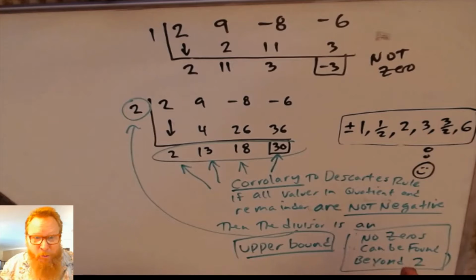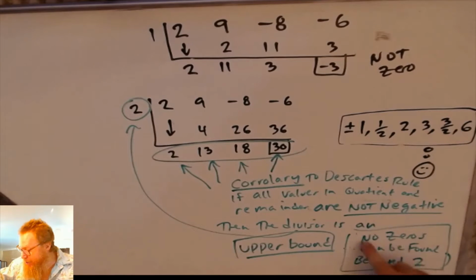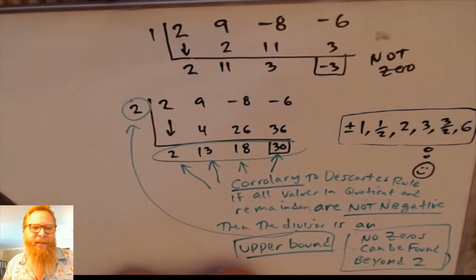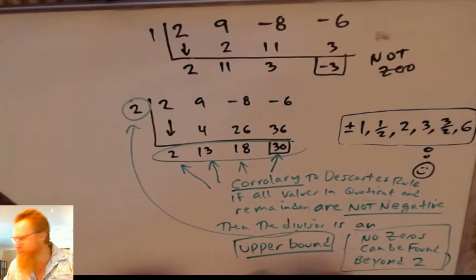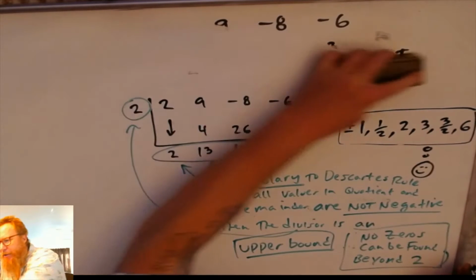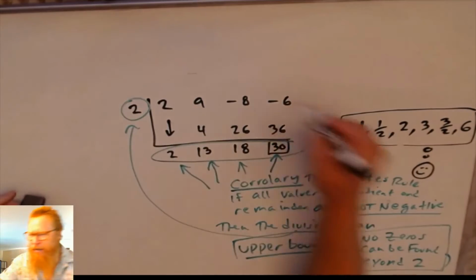So by Descartes' rule of signs, if there are no sign changes, you're going to get no zeros. So that's kind of intuitively how this works. It's really just an extension of the rule of signs. All right, so that saves me a little bit of time. I'm not going to try 3 or 6.